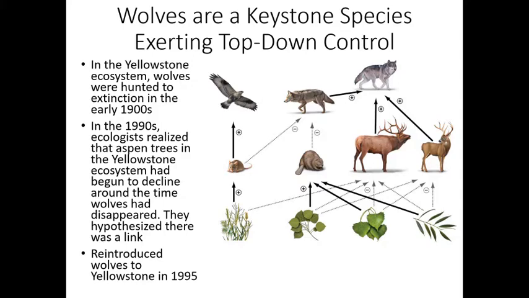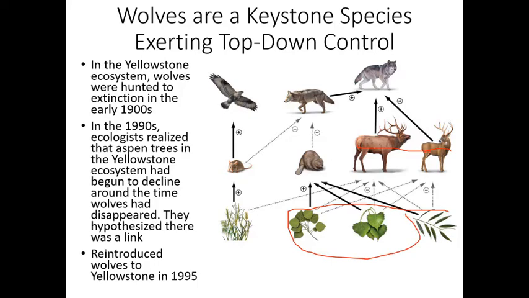And this graphic off to the right shows you just some of the different relationships that the wolves are involved with, and therefore the reintroduction of wolves ultimately reduced the herbivore populations, and by reducing the herbivore populations, ultimately the plant life was able to increase.